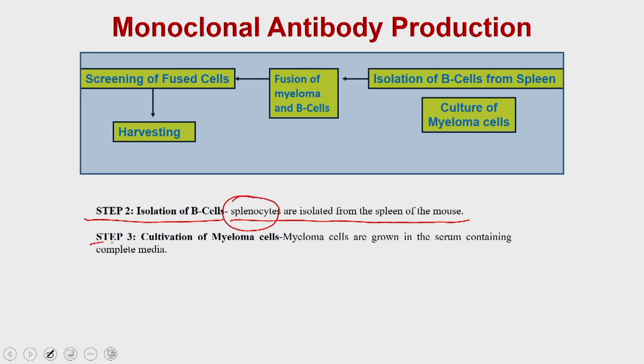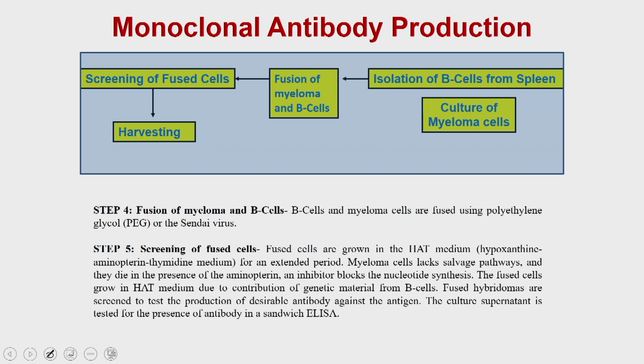Then step 3 is the cultivation of myeloma cells. Myeloma cells are grown in a serum-containing complete media. Once these two steps are over, you can go to the next step, which is the fusion of the myeloma cells and the B cells. The B cells and myeloma cells are fused using polyethylene glycol or the Sendai virus.